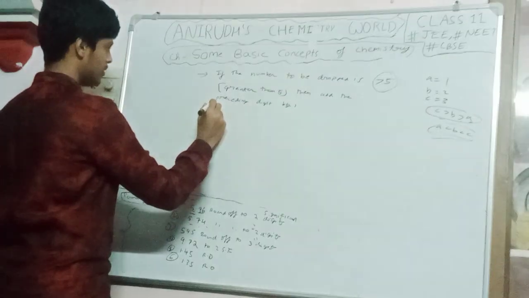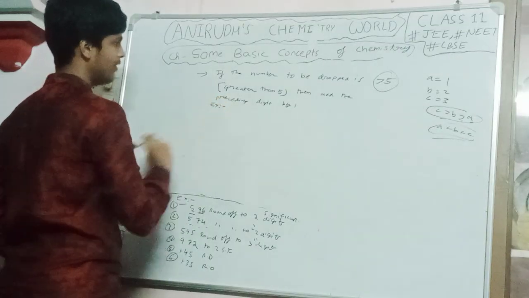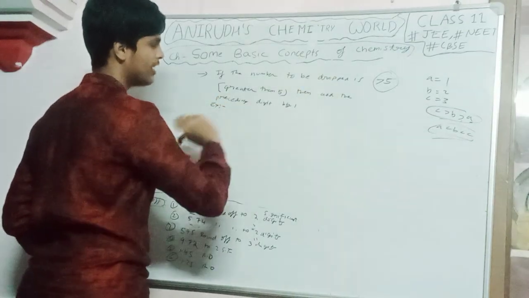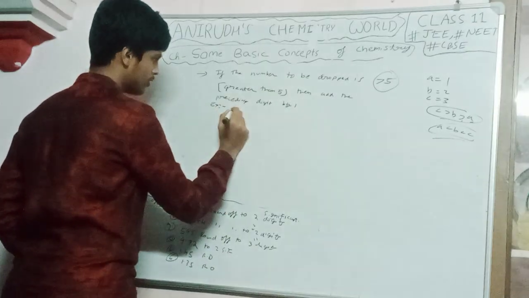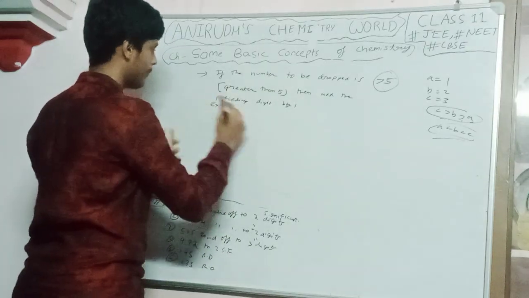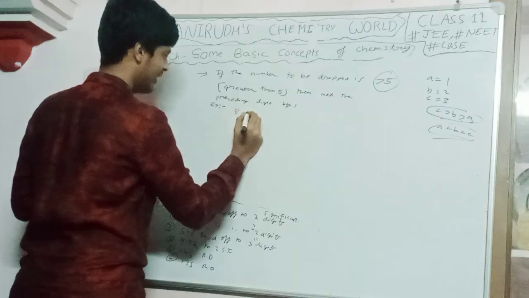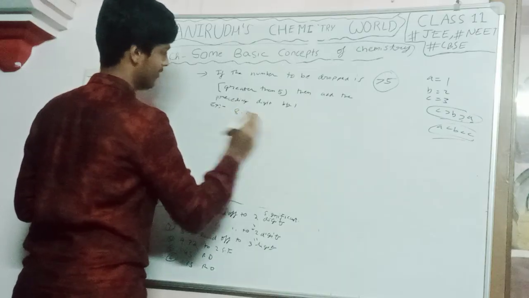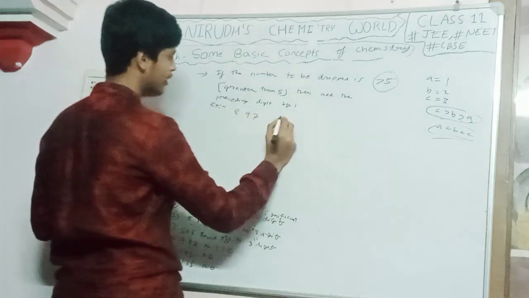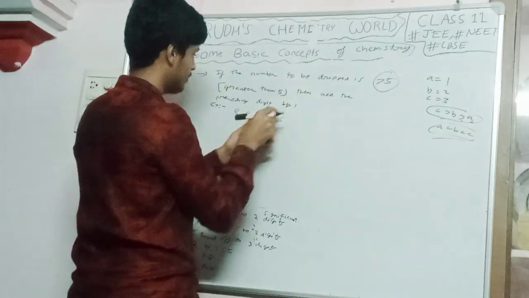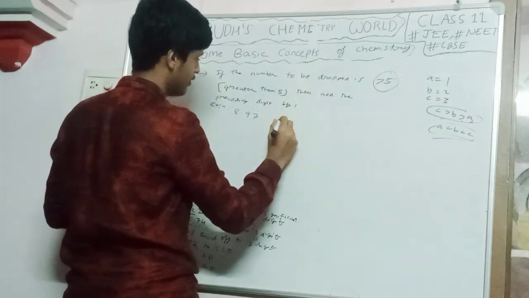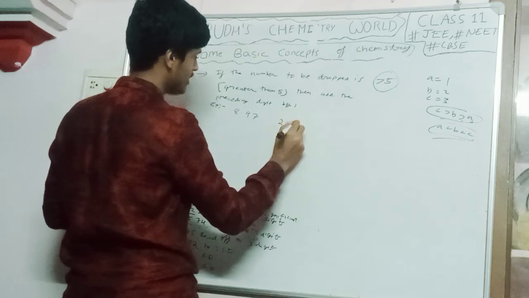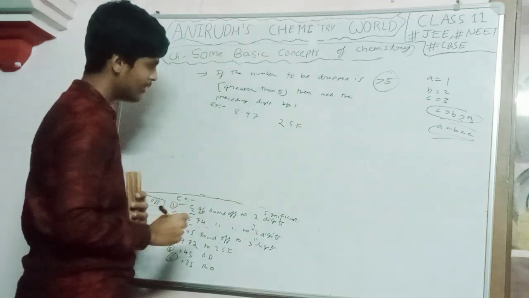Suppose, for example, the number is 8.97, the greater than 5 case, and you need to round off to 2 significant figures. There are 3 significant digits, right?